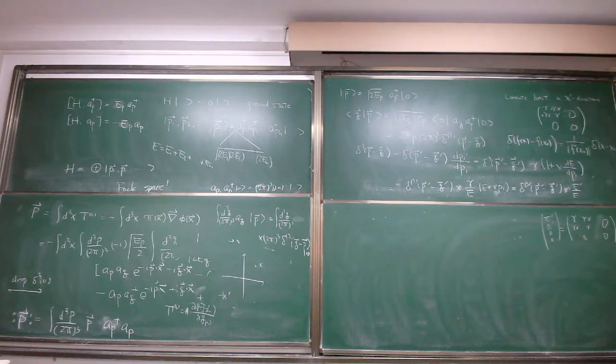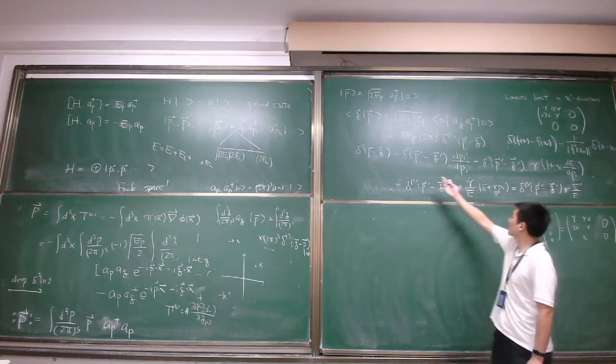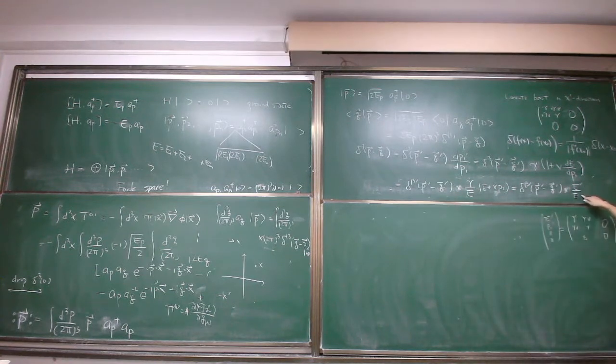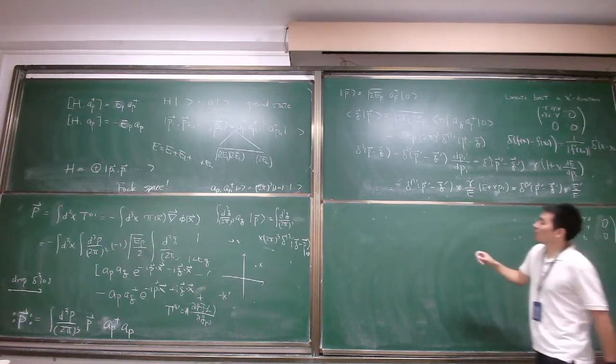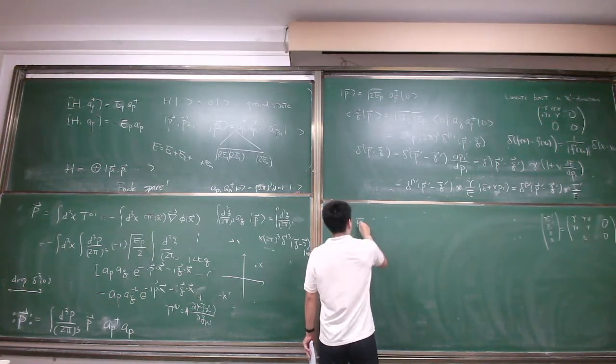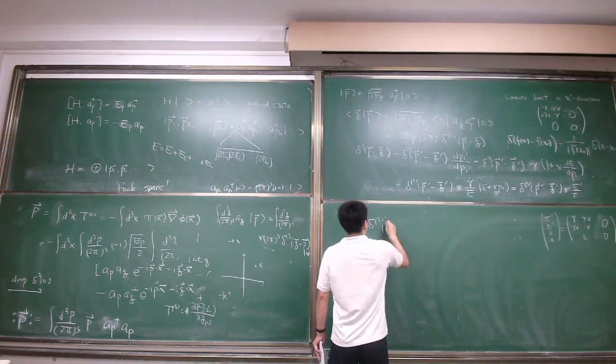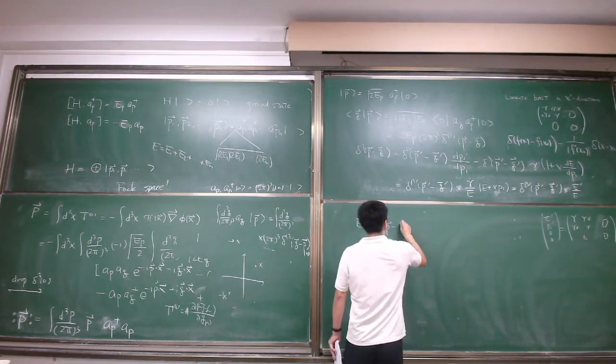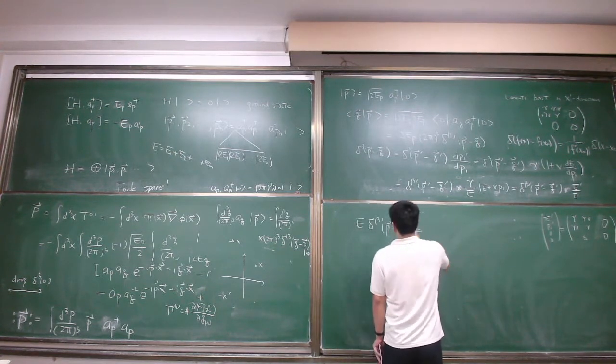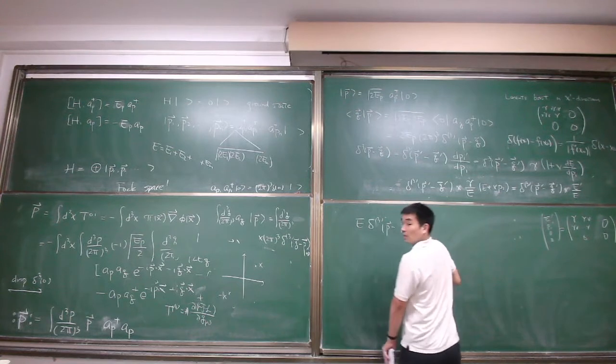So therefore, if you do the Lorentz transform of the delta function, the cost is E prime over E. So therefore, this quantity E over E prime is the derivative. Is it okay?